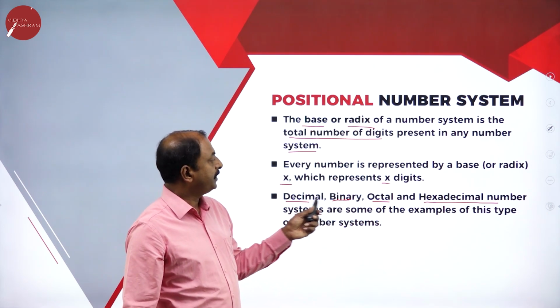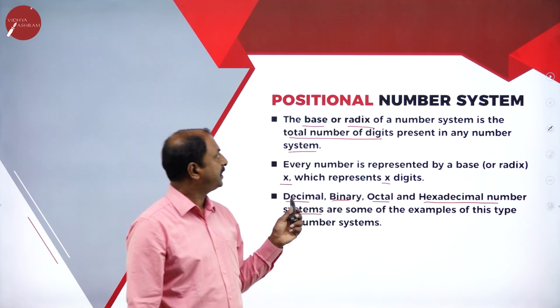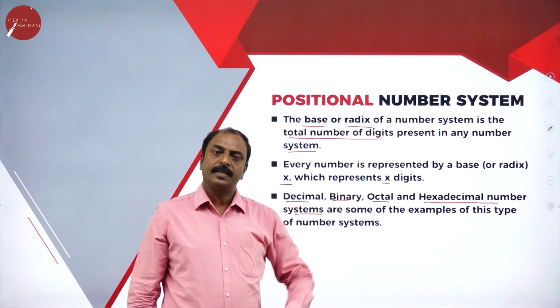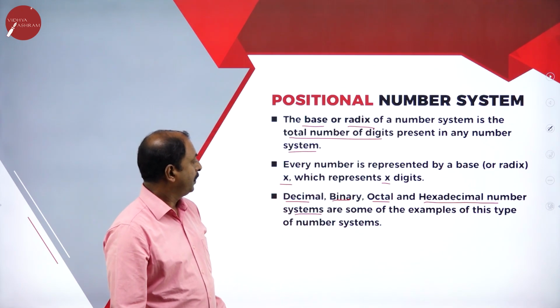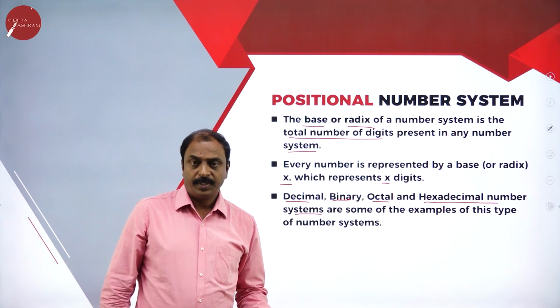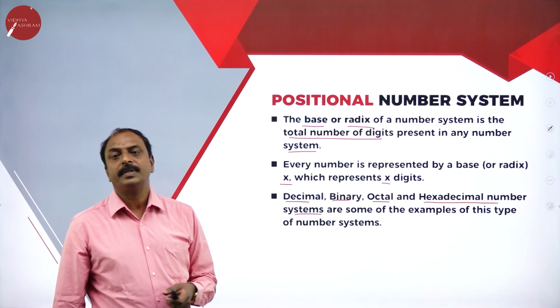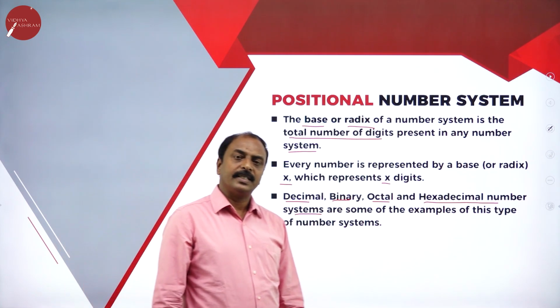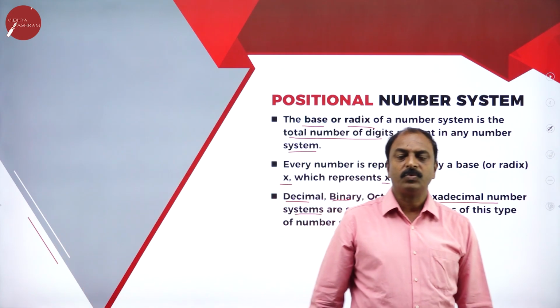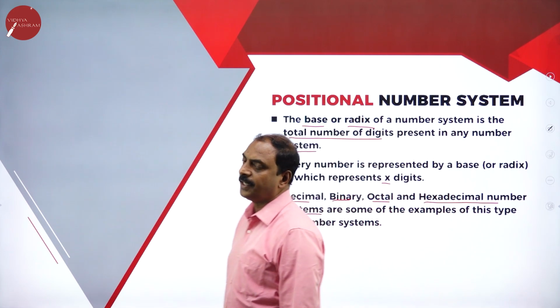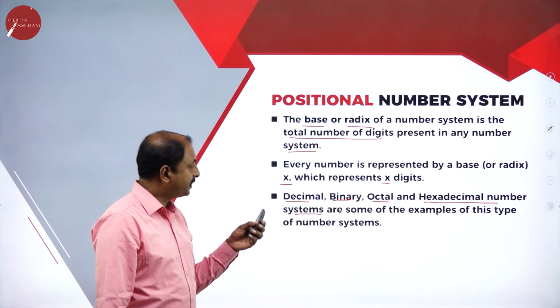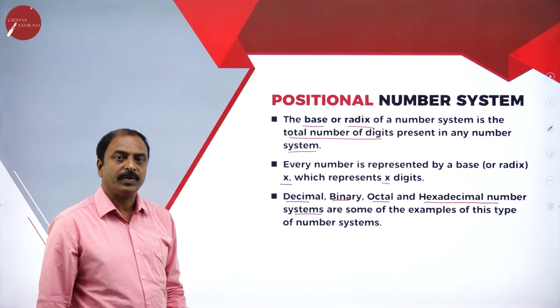So these four types are examples of the positional number system. In our day-to-day life, we are using the decimal number system, which is the standard number system. Now let us see these systems one by one.